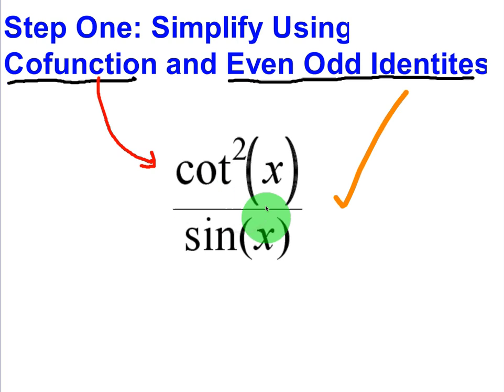So let's take a look at this. Would you use a Pythagorean identity to simplify this? Well, no, because there's no 1 plus, and there's no sine squared plus cosine squared equals 1. There's no cotangent squared minus cosecant squared, or whatever that identity was. I can't even remember right now. However, if you look back at that lesson on simplifying Pythagorean identities, once you use a Pythagorean identity, then you resort to quotient identities.